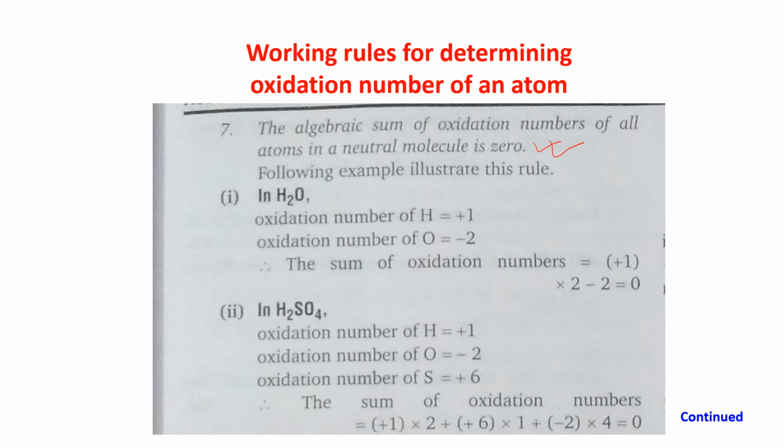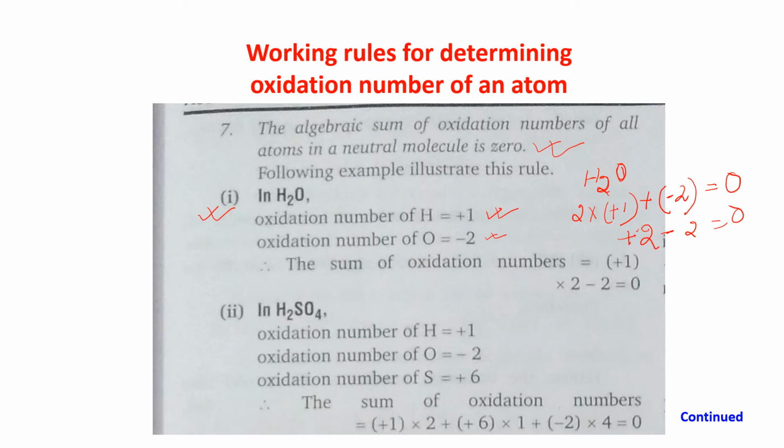Just see, in H2O, the oxidation number of hydrogen, as I told you, is +1, and the oxidation number of O is -2. So the sum of the oxidation numbers: H2, 2 into +1, plus oxygen, whose oxidation number is -2, and that equals 0. 2 ones are 2, that means +2, and this is -2. This is also coming to 0.